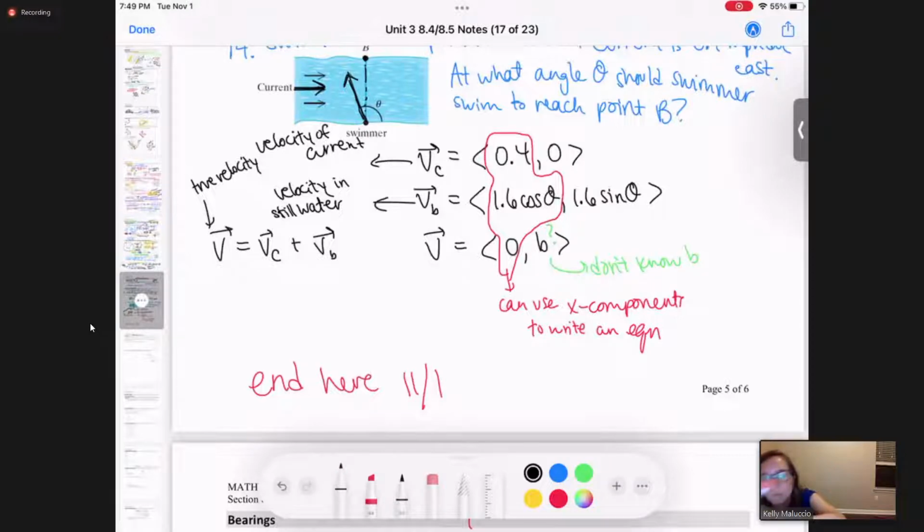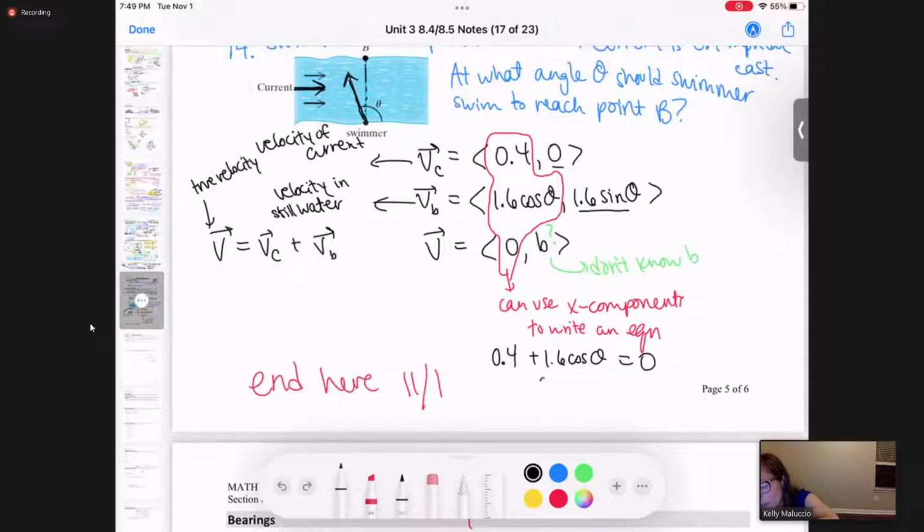That equation would be something like 0.4 plus 1.6 cosine theta has to equal 0, because we want V to equal this. Then we would get 0 plus 1.6 sine theta, which has to equal b, but we don't know that. Once we can get theta, then we can get b, if that makes sense.